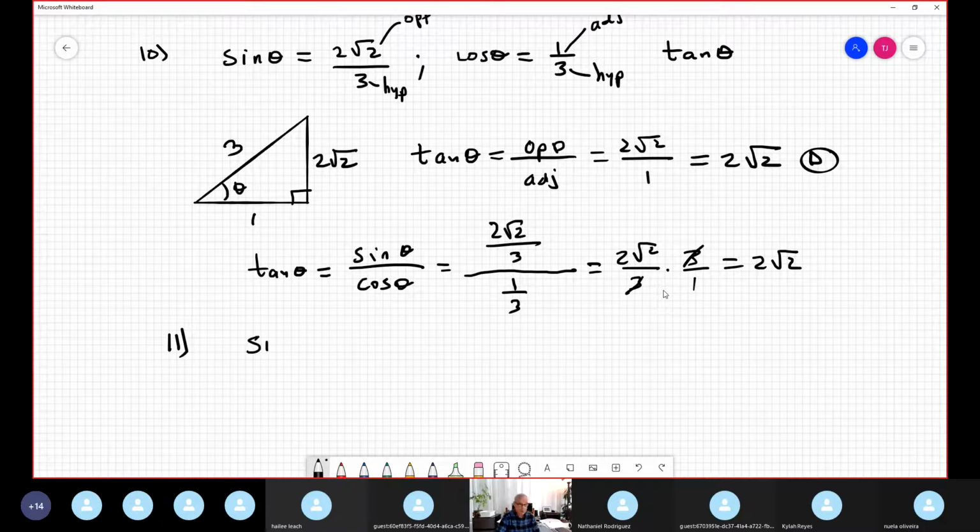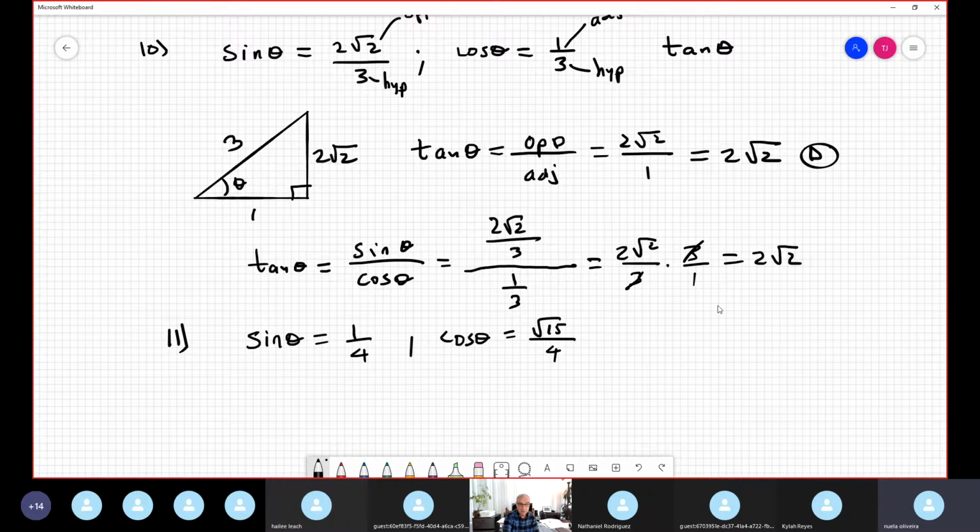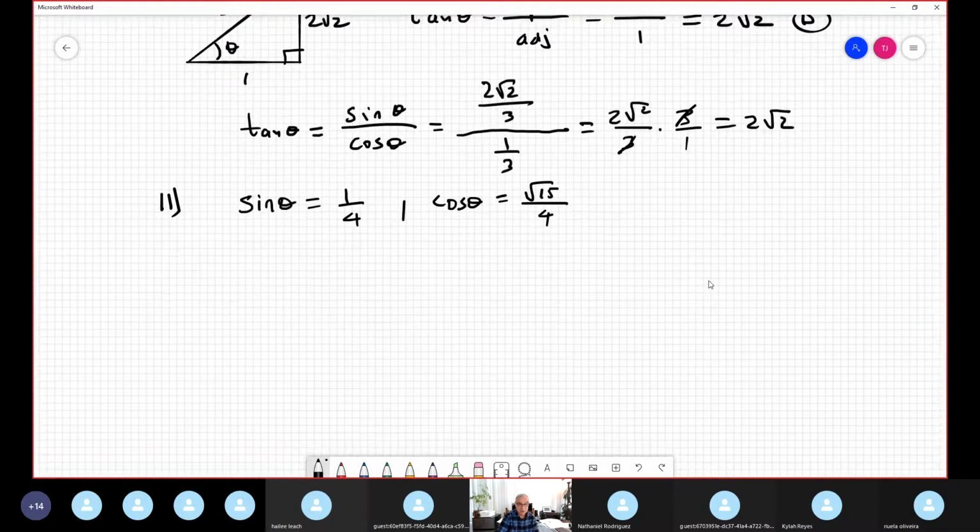Number 11 is similar. Sine theta is equal to 1 over 4, and cosine theta is radical 15 over 4. Which way do you prefer, identity or triangle? Identity, because it has a formula. Exactly. But in this case, they want to find cotangent.